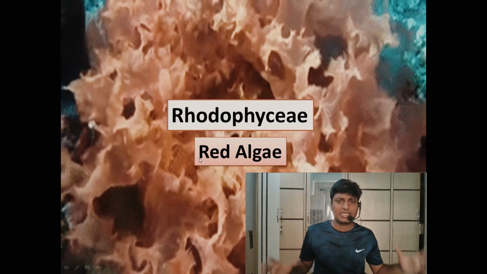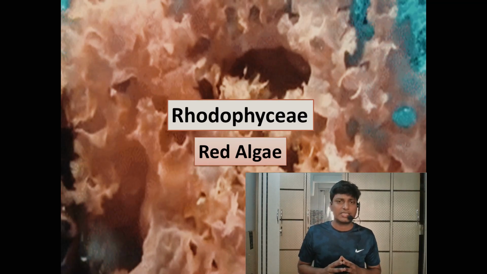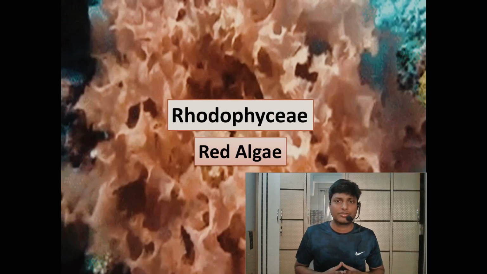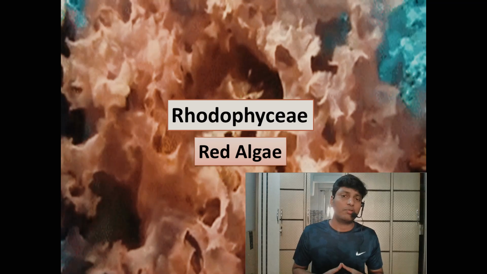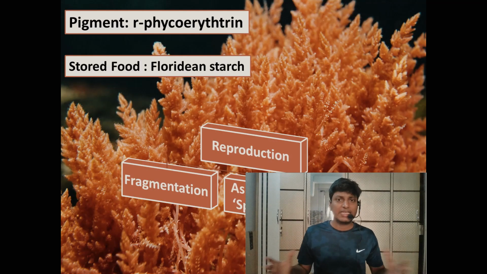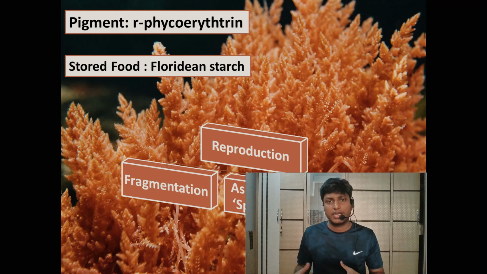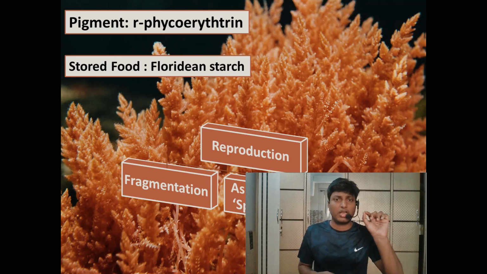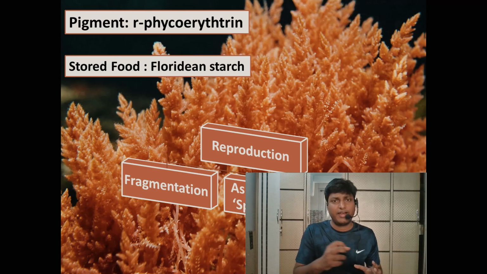The third and last type of algae is the red algae, dear students. Red algae is also very commonly called Rhodophyceae. Now as far as the red algae is concerned, what is the pigment which gives them the red color? The name of the pigment is R-phycoerythrin. Dear students, here the small r stands for red color because it actually absorbs the red light.